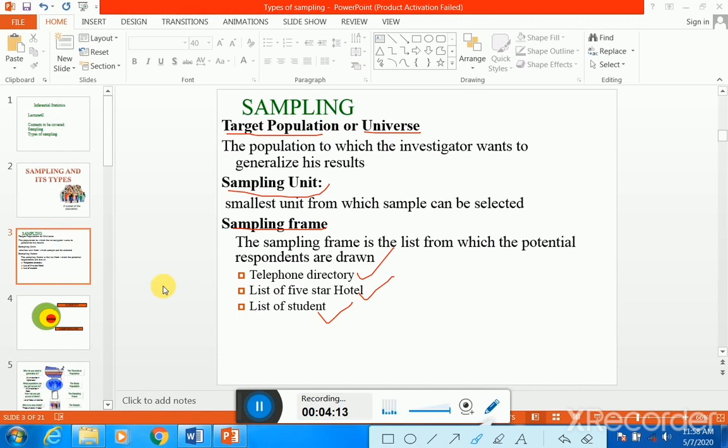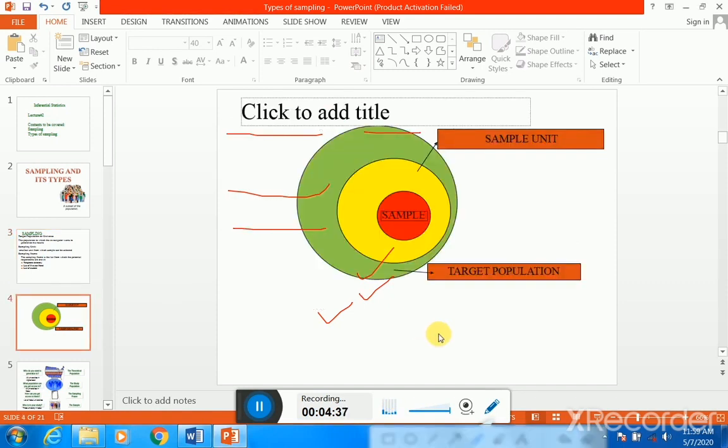Take the example of Salam University. Salam University has all the data relevant to its students: the Sharia students, the law students, the BBA students, the IT students. That complete list is simply known as your sampling frame. Inshallah, I hope a bit of an idea is clear. Later on I will discuss these concepts in detail.